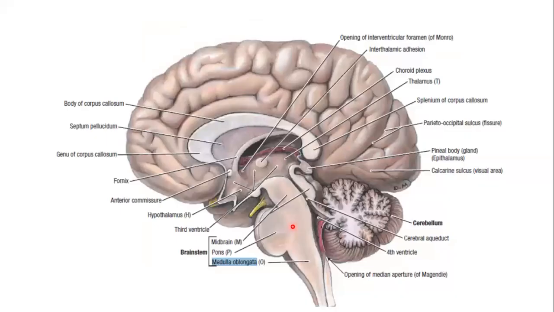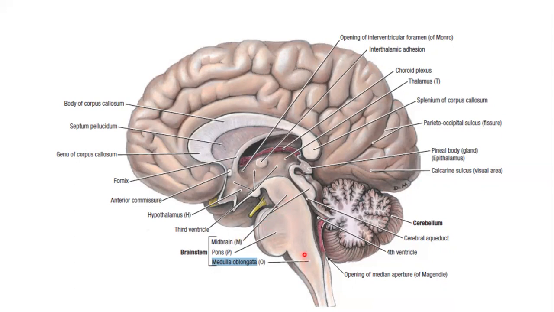So these are the three components of the brainstem. Again, we are recapitulating. This is the lowermost medulla oblongata, continuous below with the spinal cord. Above is the pons, the broad portion, the bridge, which I will tell you about soon. And above there is the midbrain.